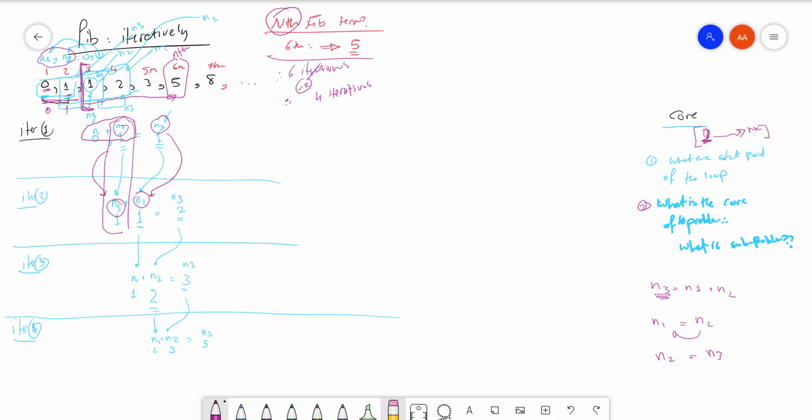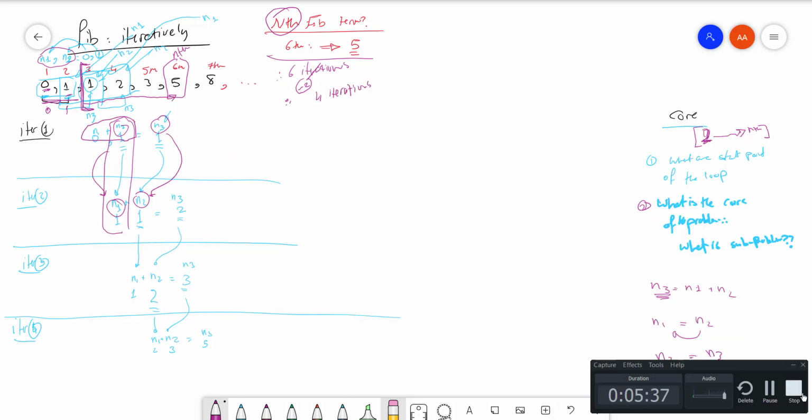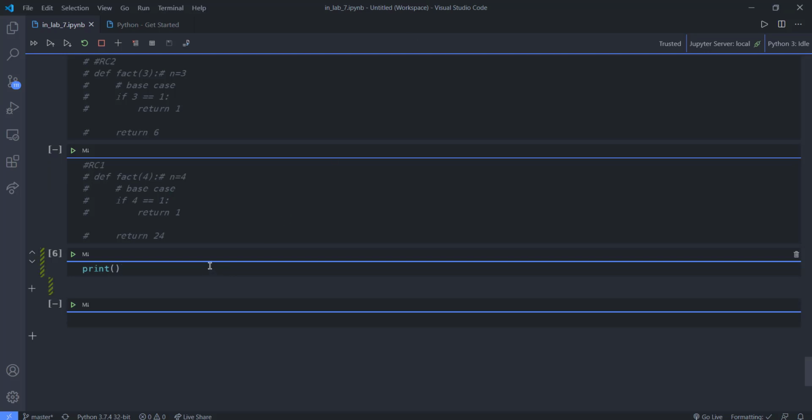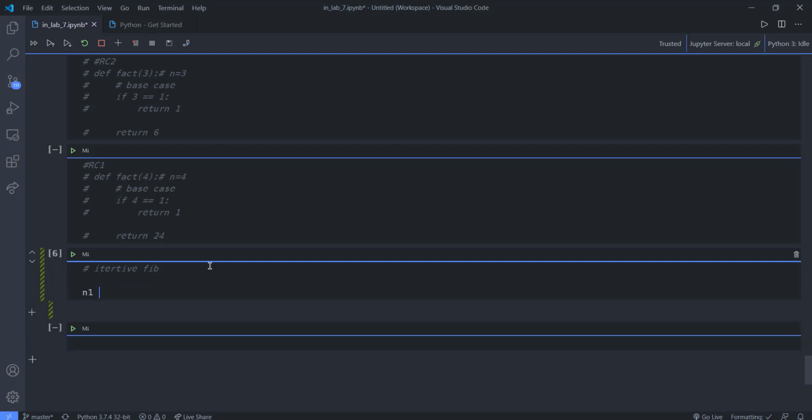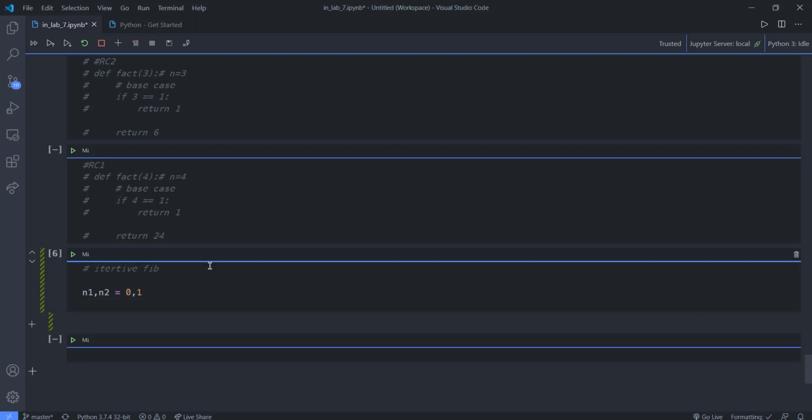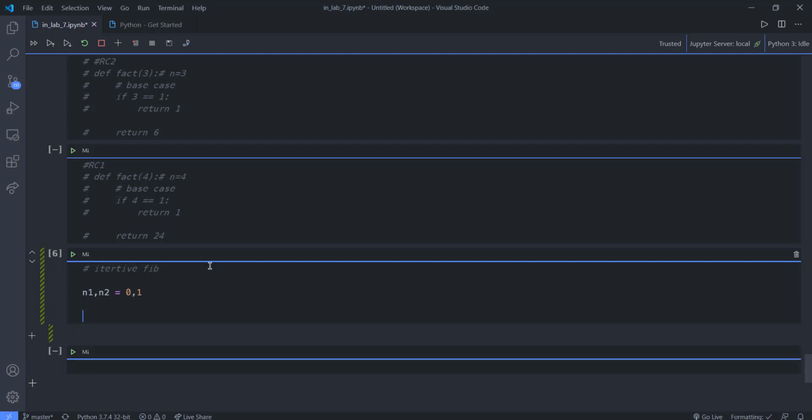All right. So let's see how this looks in code. Let's say that this is iterative Fibonacci, and let's have n1 and n2 with 0 and 1, and let's say that the nth term is going to be input from the user, right?